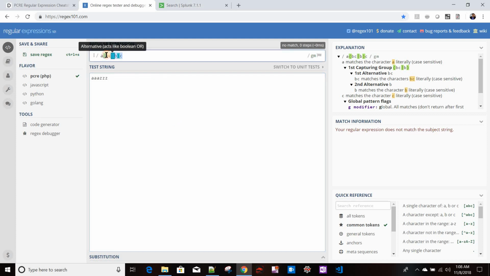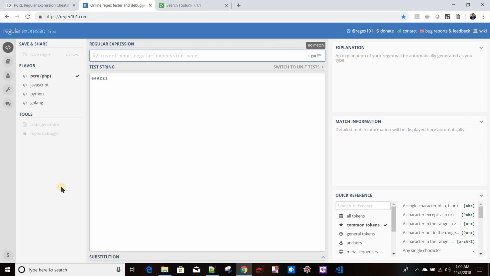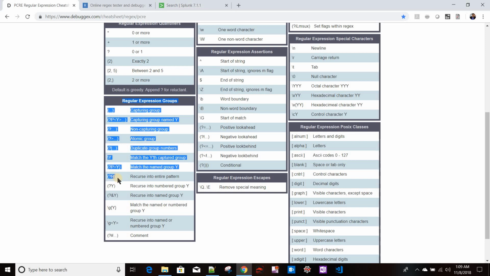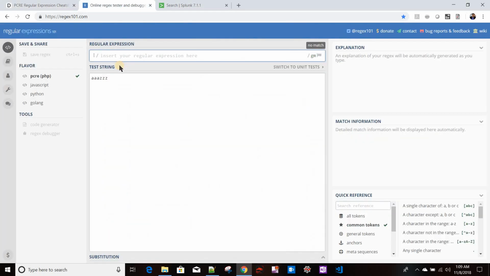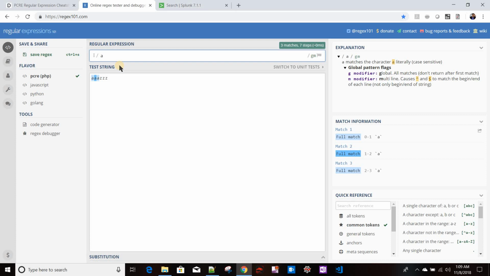Recursion means whenever a regular expression finds a recursion tag, it tries to rerun the regular expression again, just like our normal recursion works in a recursive program. So let's take a regular expression. Now recursion you achieve through this one. So let's say I am giving this regular expression.